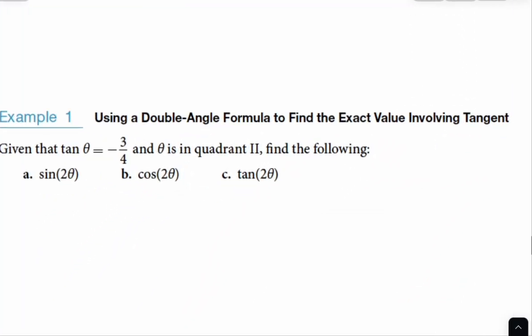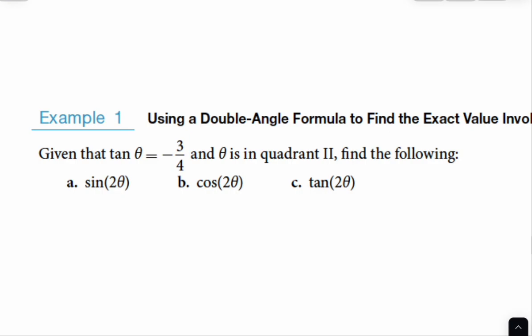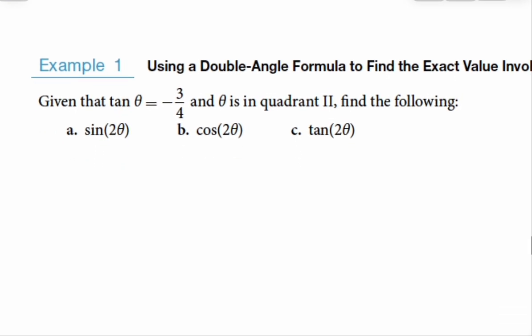So it says, given that we have a tangent of -3/4 in quadrant 2, find the following information. Find the sine of 2 theta, the cosine of 2 theta, and the tangent of 2 theta. Now this is going to come back and combine some information that we learned in chapter 8 and also our SOHCAHTOA information from chapter 7.